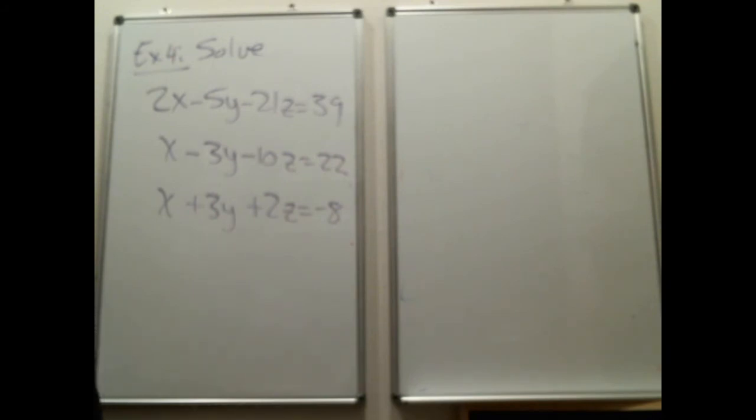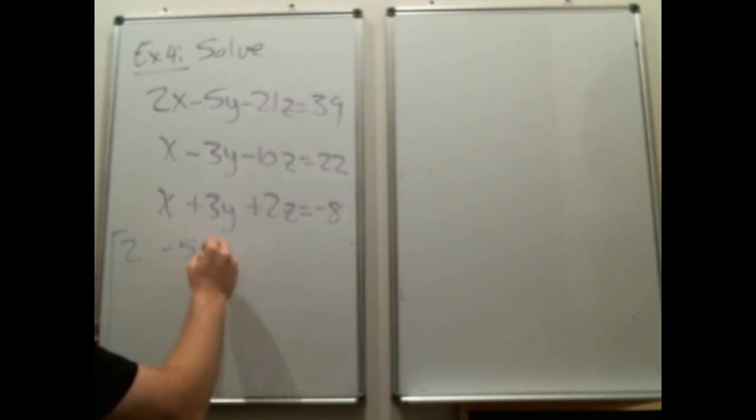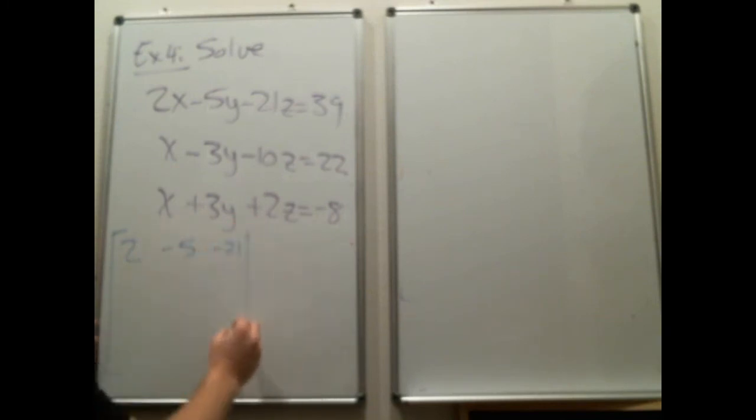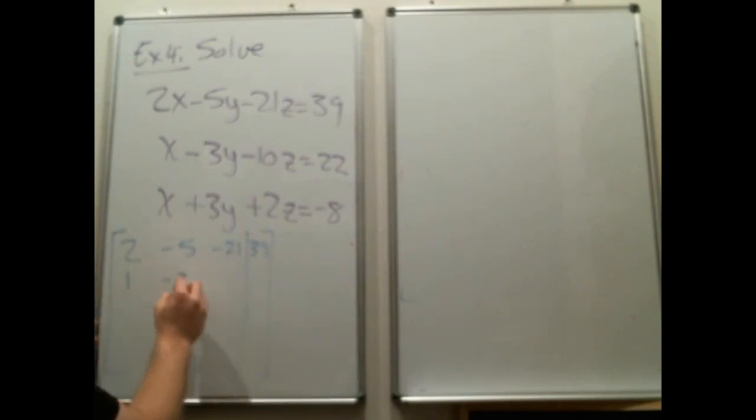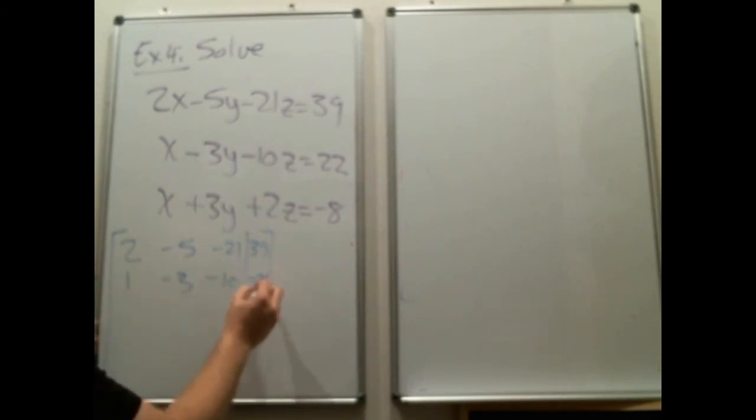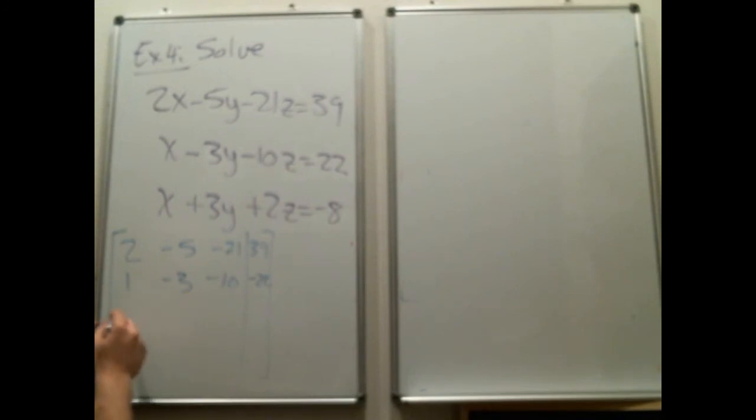Okay, so the first step is we need to write this in matrix form. I'm going to try to fit it in here. 2, negative 5, negative 21, 39. 1, negative 3, negative 10, 22. I didn't leave myself enough room here.